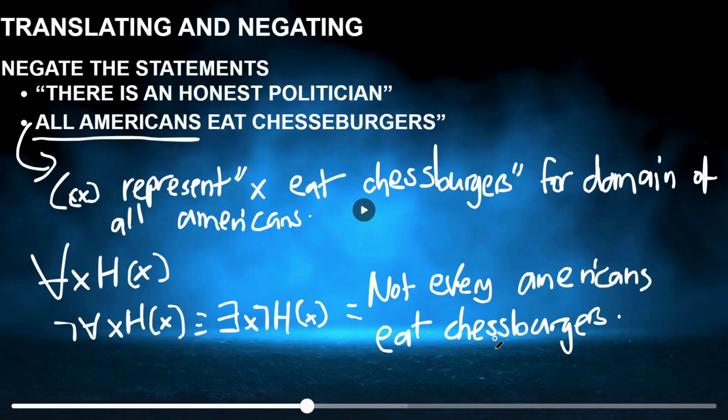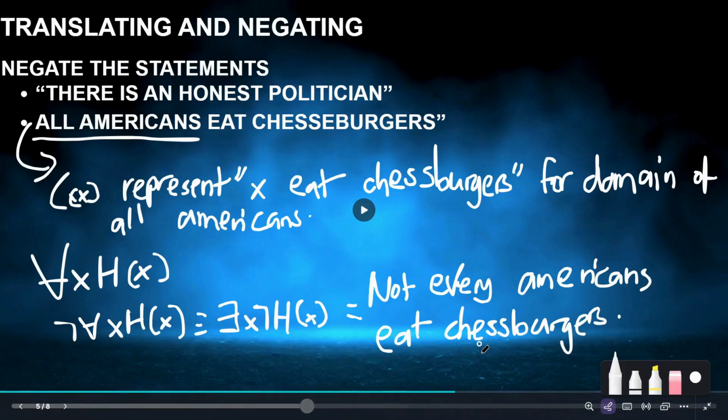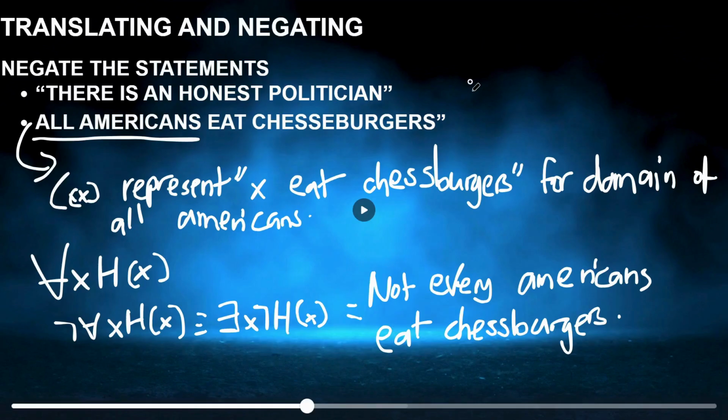Yeah, so this one is universal negation, and the other one, for example, is existential. So anyway, please take note. You need to learn about the quantifier. So I just translate and negate.